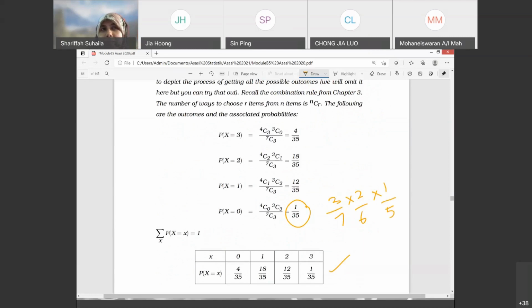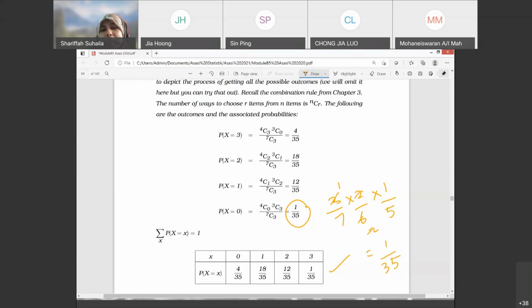This is probability X equals 0, all three non-blemish. Cancel, and again you have 1 over 35.